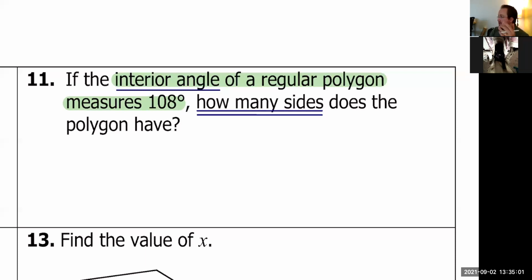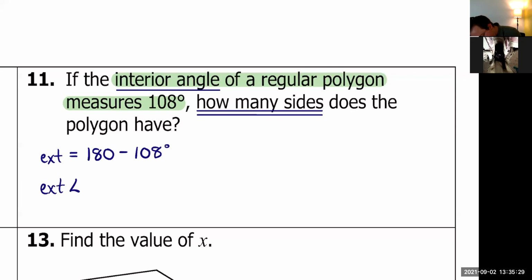Earlier in our notes, we said that an exterior angle and its adjacent interior angle are always supplementary, which means my exterior angle is going to equal 180 minus the interior angle, 108. So my exterior angle is going to equal what? 72 degrees. Now I'm in business.